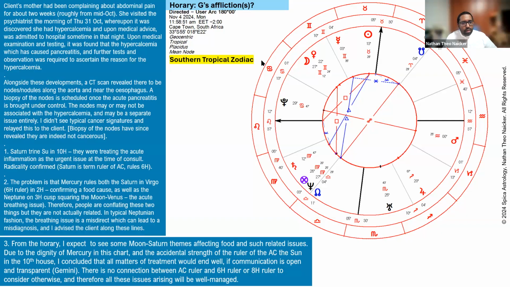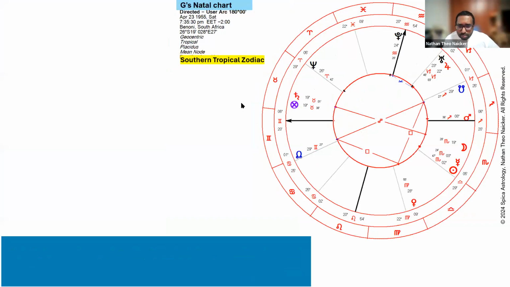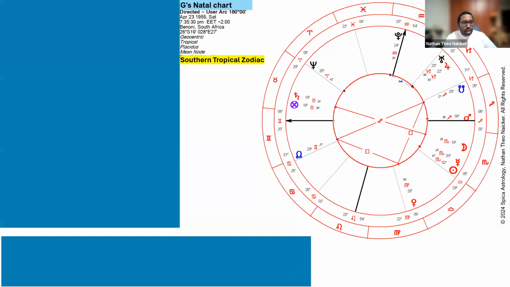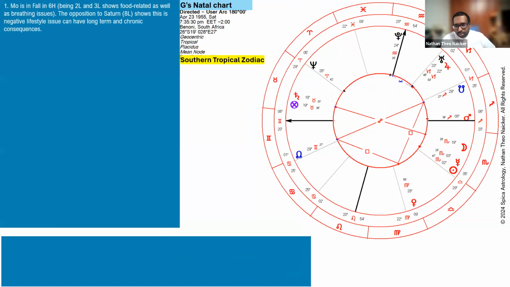Now, this is the natal chart of the patient, and it's in the southern tropical zodiac. The moon is in fall in the 6th house. It is the 2nd house ruler, again indicating food, diet. It also happens to be the 3rd house ruler, about breathing.